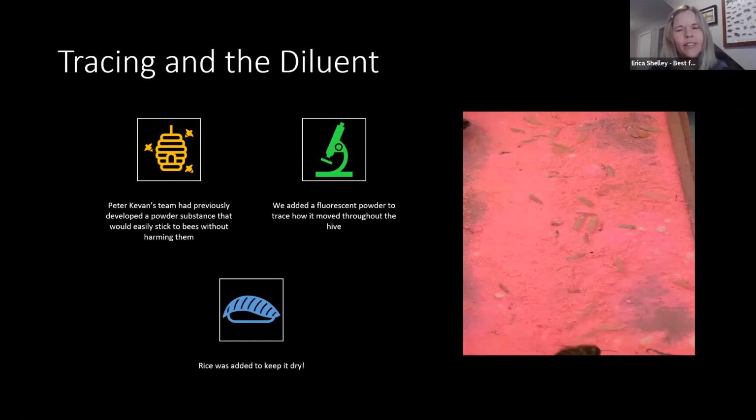So that was very easy for us. We added the fluorescent powder, and then we added rice to keep it dry. Then what we would do is take samples of a single cell or 3 cells, suspend those cells in a liquid, and look at the most minute amount, 10 microliters, under a microscope and see if we saw any fluorescent particles.